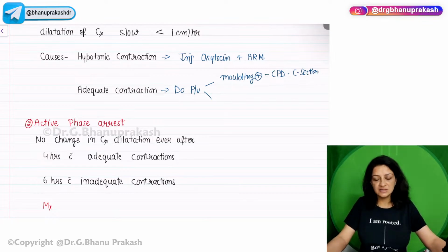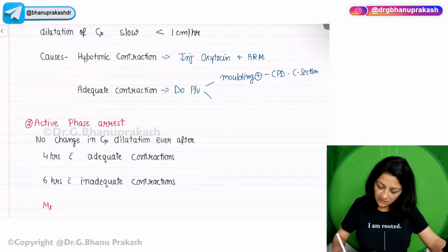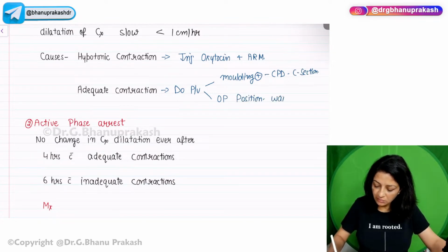Second one, if there is occipito posterior position, then wait and watch.